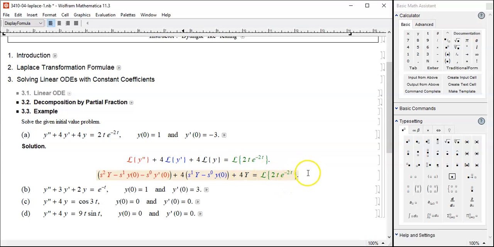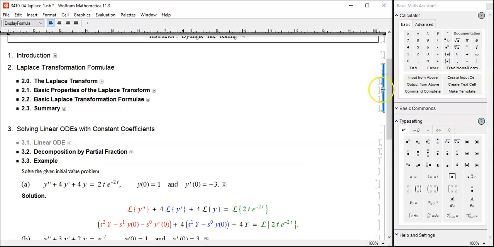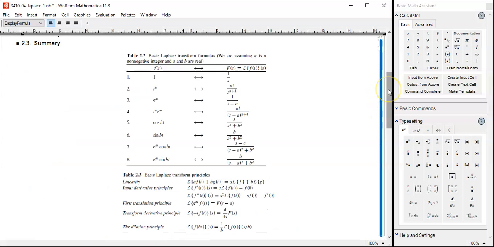And then black, just Y, so that's just capital Y, alright. And then as for the green part, the Laplace transform of 2t times e to the negative 2t. Let's open up the table and find out. Here's a summary. Number 4, t to the nth power e to the at. Can everybody read this? n factorial over s minus a to the n plus first power. That's how it works.